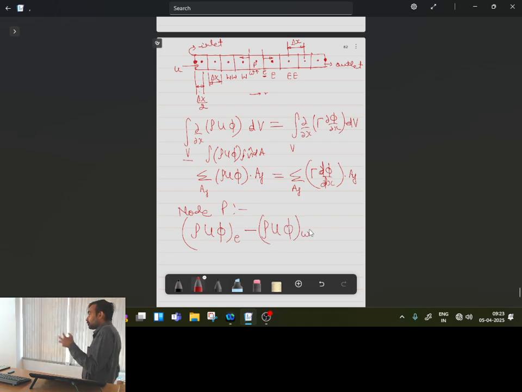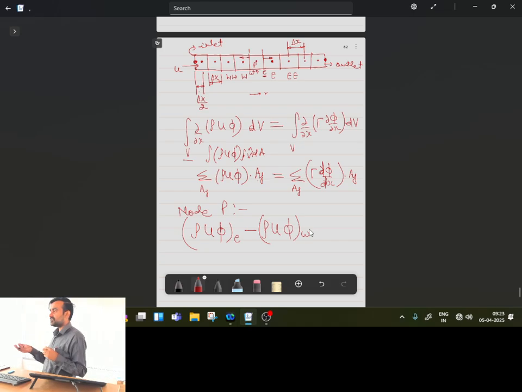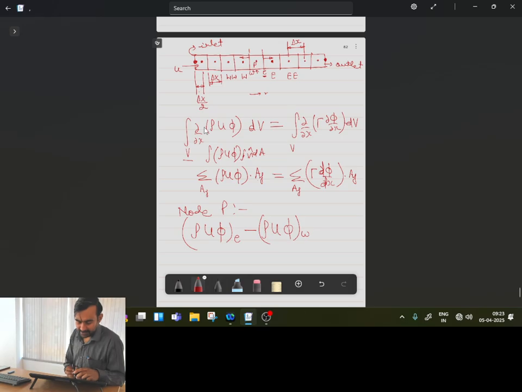This sign can also be understood by another convention. Typically, if you recall, whenever we write this entire expression rho u phi dot n cap dA, this quantity represents the net outflux of the property from the control surface of the finite size control volume. So if you have to calculate net outflux, this quantity is outgoing and from here the quantity is incoming. What will be the net outflux?